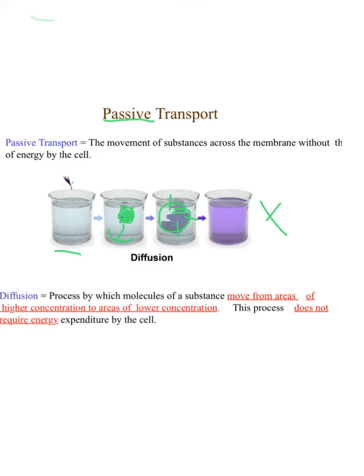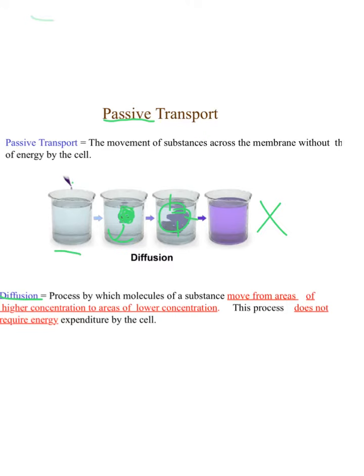Okay? So this is going to be an extremely important definition. The stuff in red you need to know. Matter of fact, if you know nothing more than the definition of diffusion and can apply this definition of diffusion, it's really hard to fail this unit.